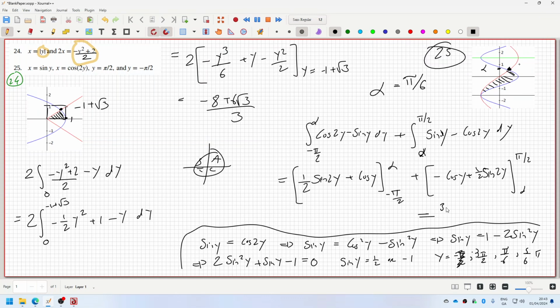That's 3 root 3 over 4 minus a half sine minus pi plus cos minus pi over 2 minus cos pi over 6 plus a half sine pi over 3.